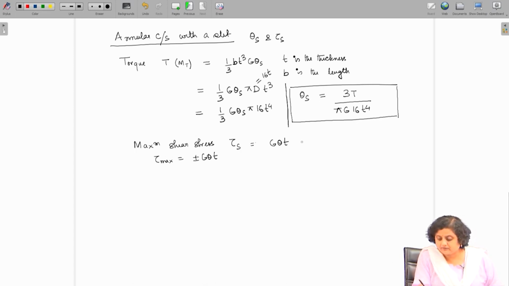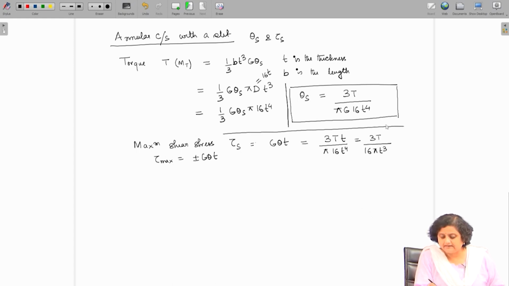So, in place of G theta, I can write this as 3T by pi into 16t to the power 4, which is 3T by 16 pi t cube. So, this is tau s in case of an annular tube with a slit.